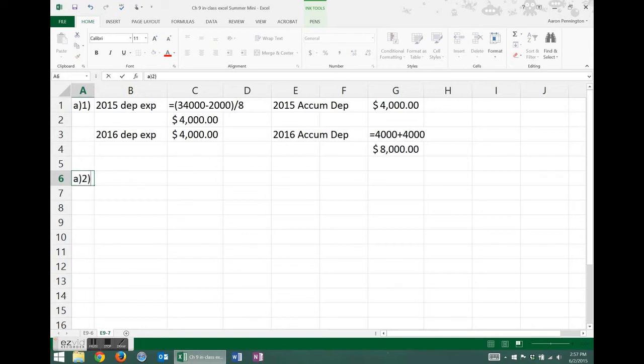A2. Units of activity method. All right. So we need the depreciation rate. So we start with $34,000 minus 2,000 divided by the 100,000 mile estimated useful life.